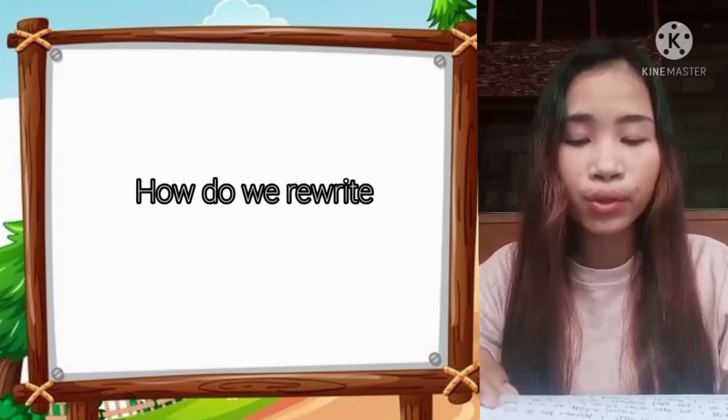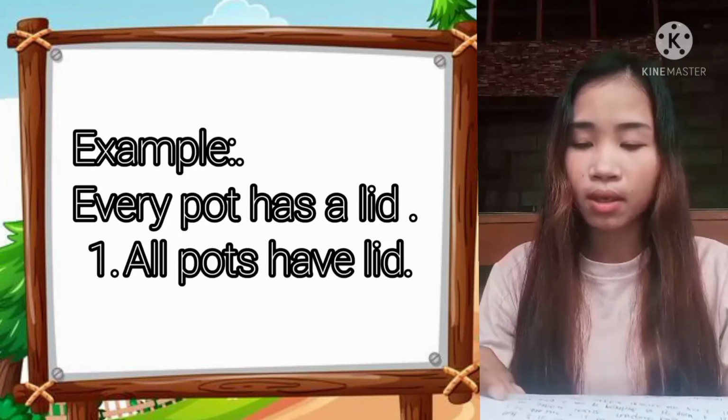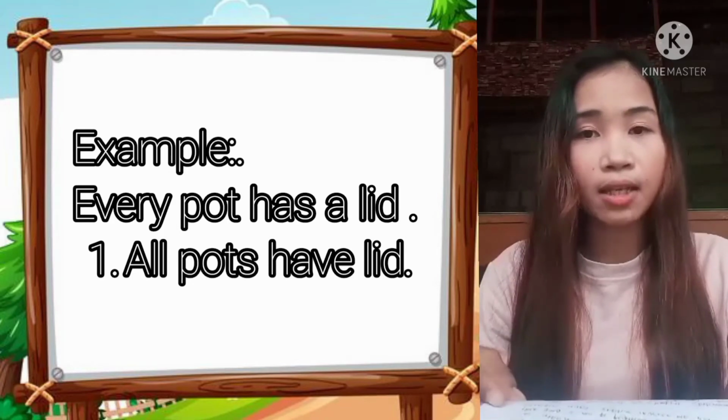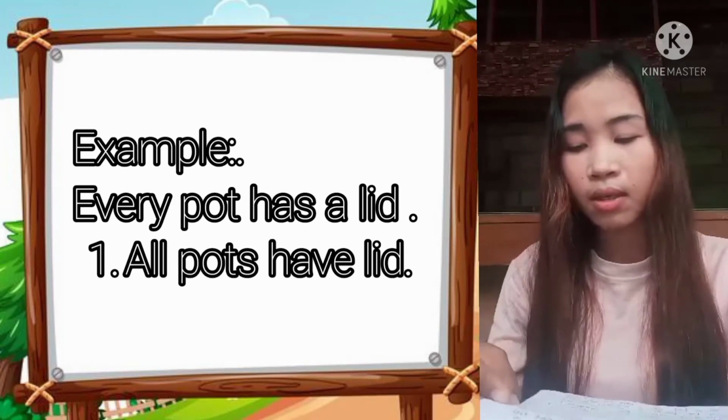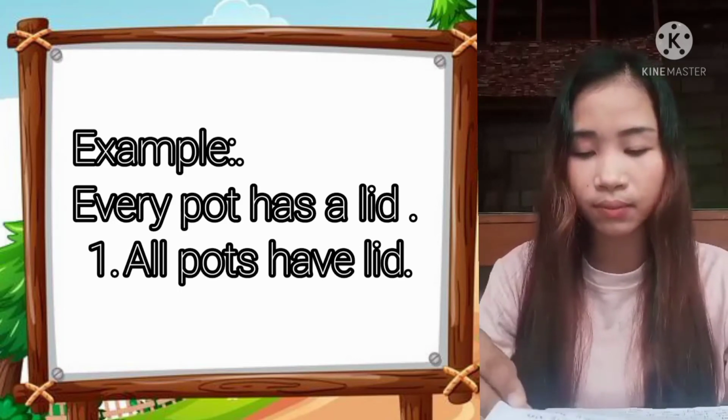Okay, how do we rewrite a universal existential statement? Example statement: every pot has a lid. First, all pots have a lid.